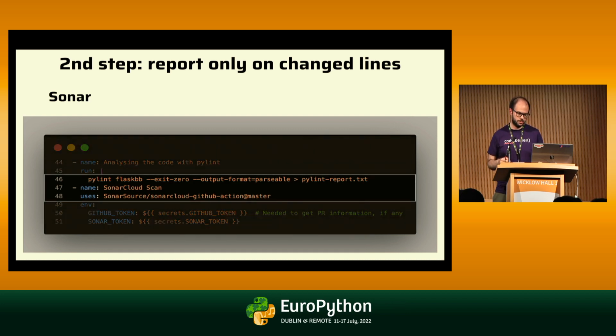SonarCloud has its own GitHub action. We're going to modify the Pylint analysis to produce a report, and this report has to be parsable. SonarCloud will then be fed with the report coming from Pylint.